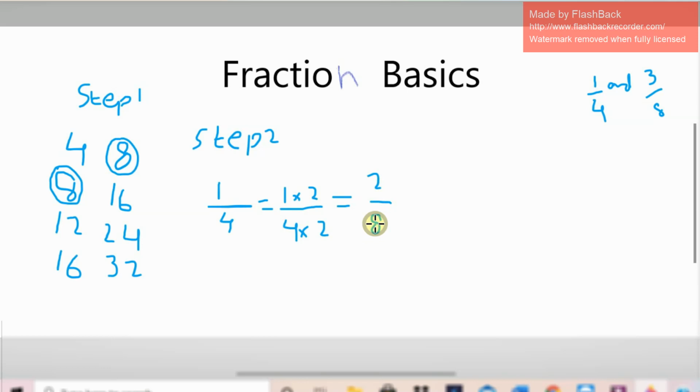We achieve this by multiplying the denominator and numerator of the first fraction, that was 1 by 4, by 2.